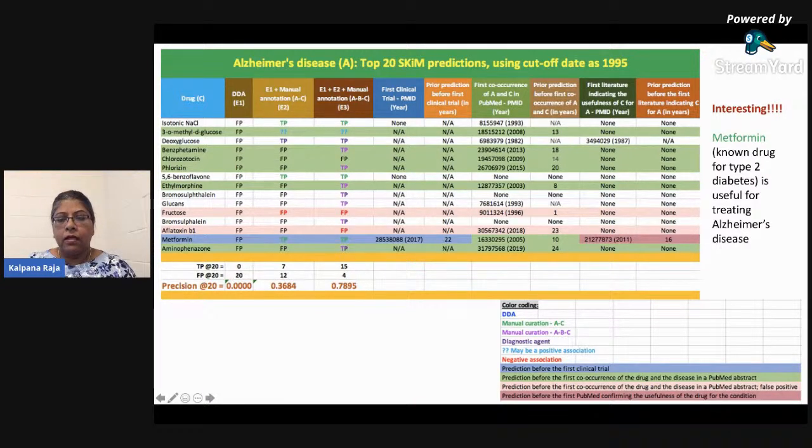This means SKiM is able to find the prediction 16 years prior to the first literature indicating the usefulness of the drug. So it is possible to get some idea on future discoveries using LBD systems like SKiM.